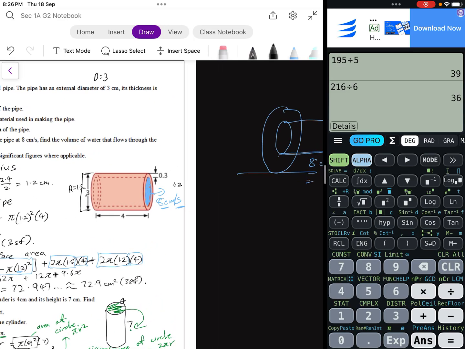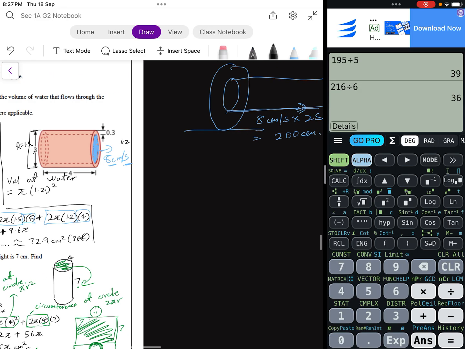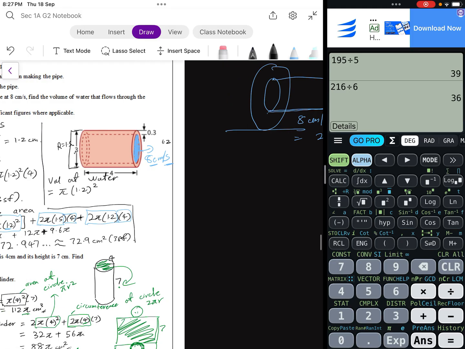Okay, so I'm going to find D here. Draw a line down, draw a line here. Volume of water. We know our internal radius is 1.2, so it's pi r square, 1.2 square, times your height, which is 8 times 25.